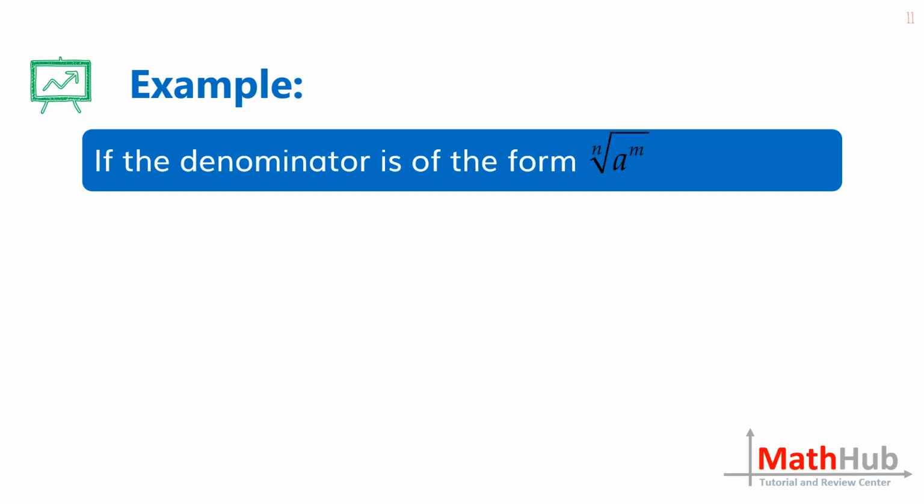For example, 2 over cube root of x squared. Now, what will we need for the denominator? We multiply it by, so here we have x squared. We want to end up with cube root of x cubed.